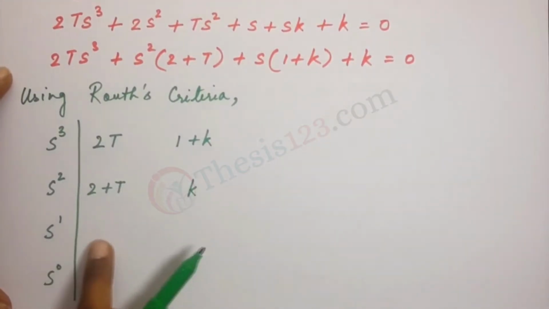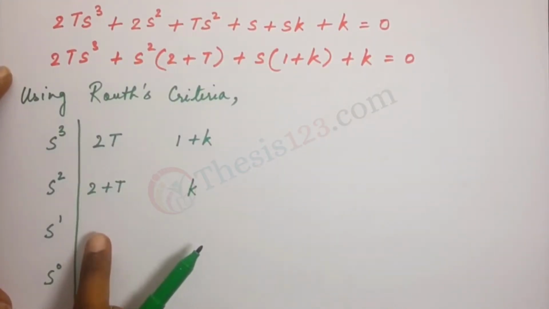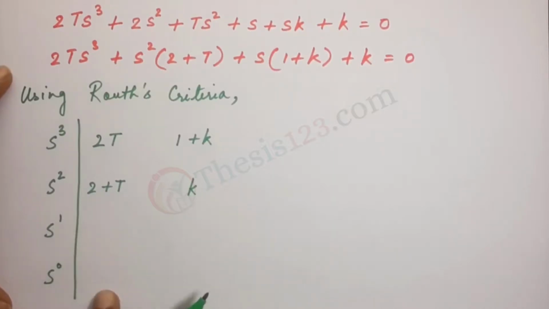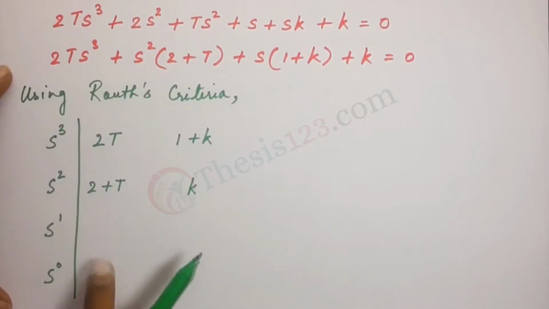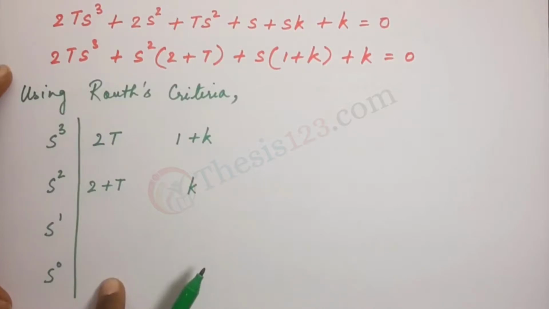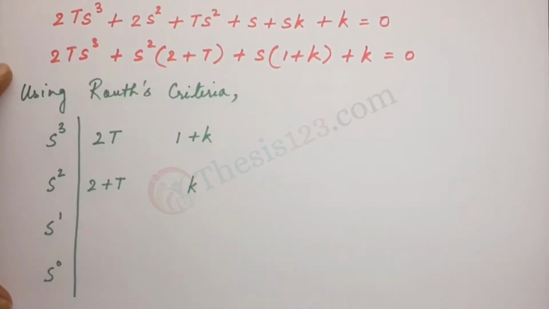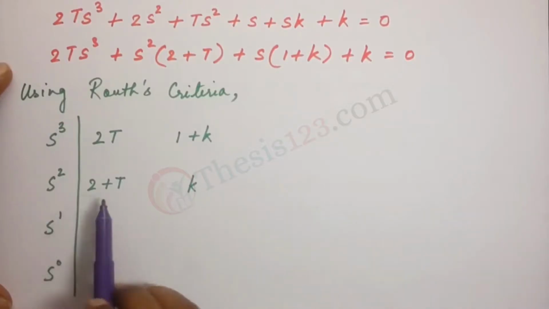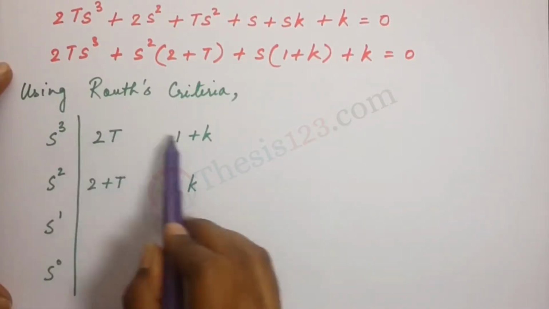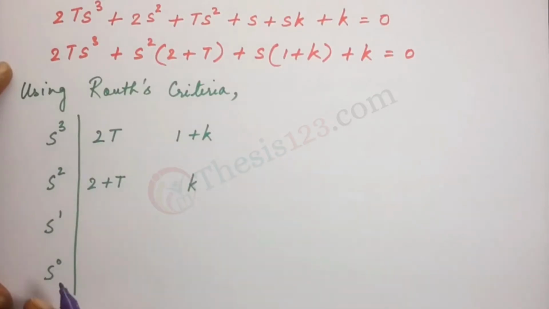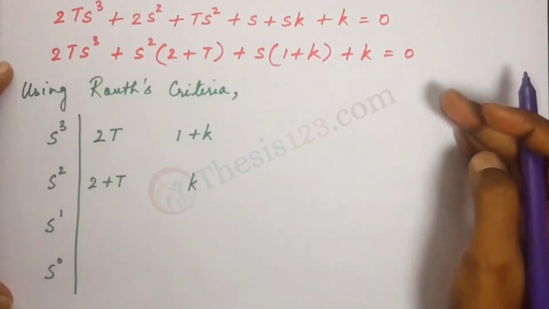Now we have to write down the elements for s to the power of 1 and s to the power of 0. So this term here, in order to find that, we have to use the 4 terms above it, these 4. We always go from the left to the right, always remember that.